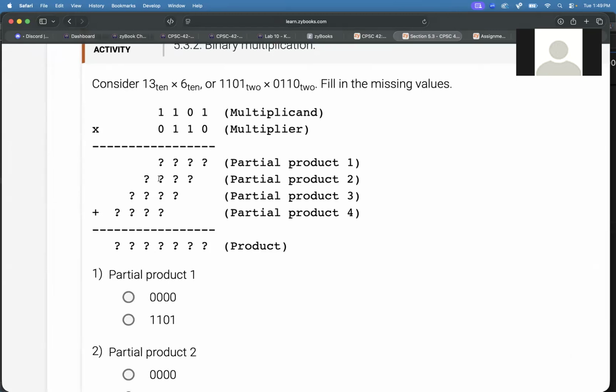So when you're multiplying this number, which looks like 1, 2, 4, 8, so the 8 and 4, so it's like 13. Oh, it says it up here, 13. And we're multiplying by 6. So when you're doing this, normally what you do is you take the entire top number and you multiply it by this first digit. Now, when you take the entire top number and you multiply it by 0, of course, you're just going to get all zeros here, right?